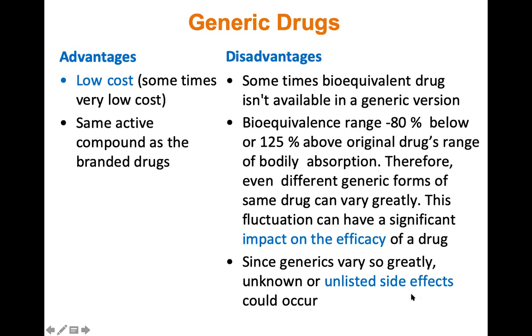It should be within this range, otherwise we are not going to use the generic drug. Therefore, even different generic forms of the same drug can vary greatly. These fluctuations in efficacy are going to have an impact on the patients also, and we are not sure what is going to happen with these generic drugs. So there can be unlisted or unknown side effects. So these are a few shortcomings of the generic drugs.